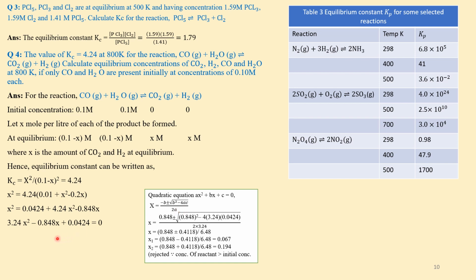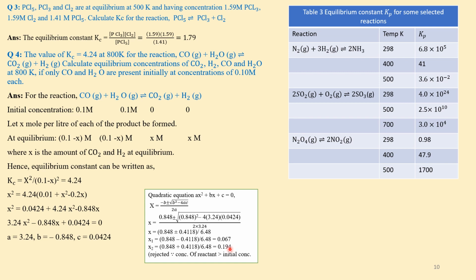Here the value of a is 3.24 and b is minus 0.848 and c equals 0.02424, and substituting the values in the solution equation, we get the value of x1 as 0.067 and the value of x2 is 0.194.